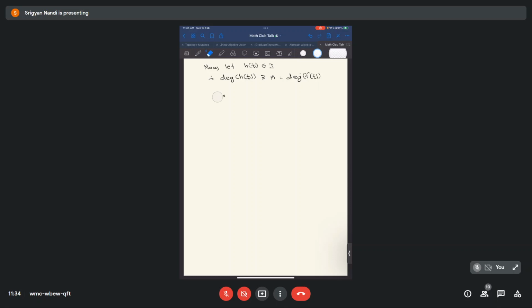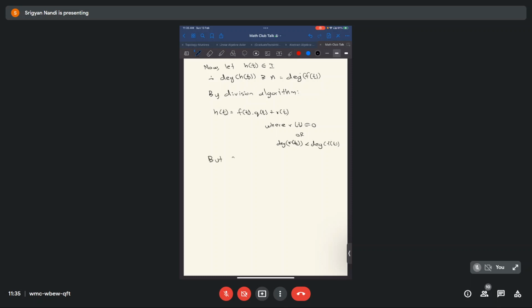By the division algorithm, we have that h(t) is equal to f(t) q(t) plus r(t), where r(t) is either equal to 0 or the degree of r(t) is less than the degree of f.